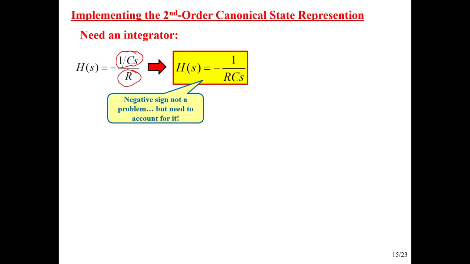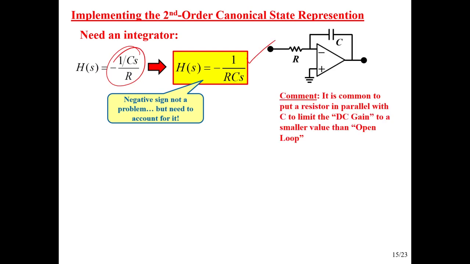The feedback impedance divided by the input side impedance with a negative sign out in front. So that negative sign is not going to bother me. Once I do a little bit of algebra, I get something that looks like that. And that is an integrator. And that would be a circuit that looks like this.